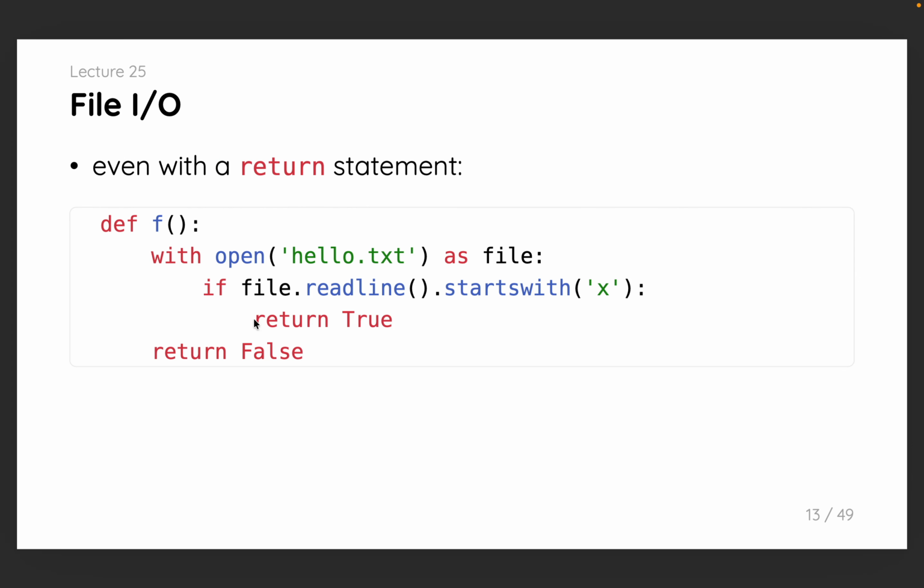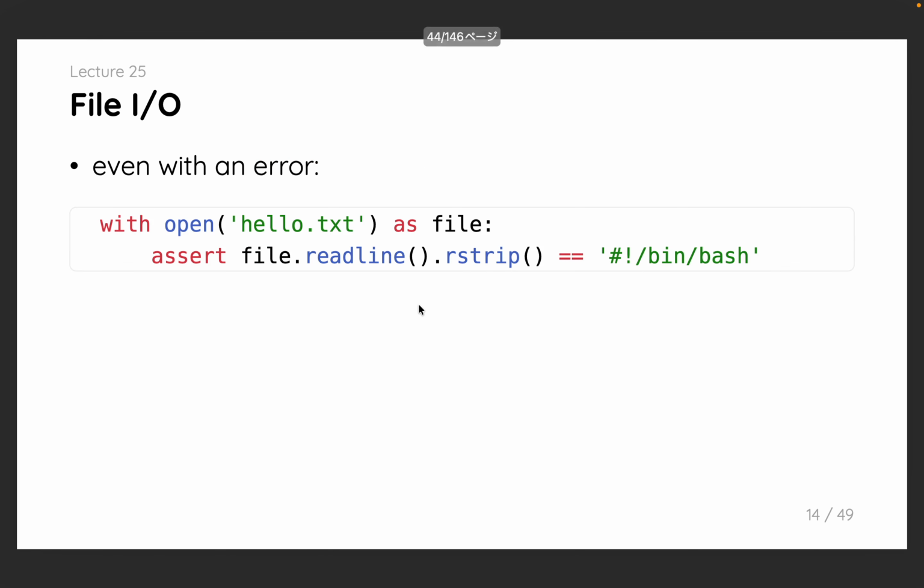Even if you return, for example here, inside my with block, I return true, it's still going to close this file properly. Even if you run into an error, for example an assertion error, this is still going to close the hello.txt file properly.